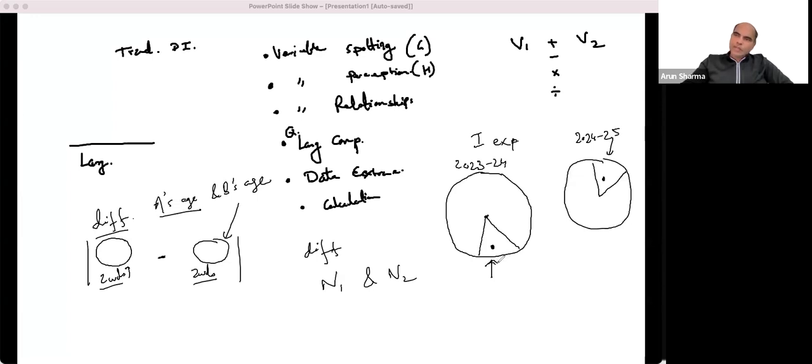And let's say this is India's exports of manufactured synthetic items. So describe N1 completely. What all will I have to say?